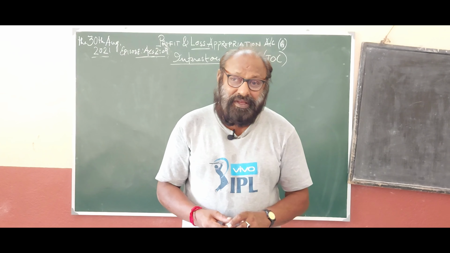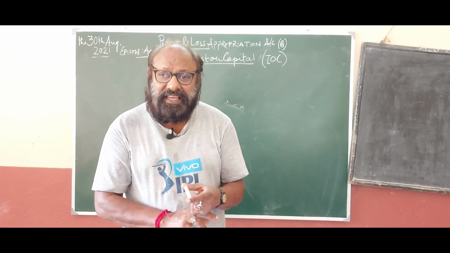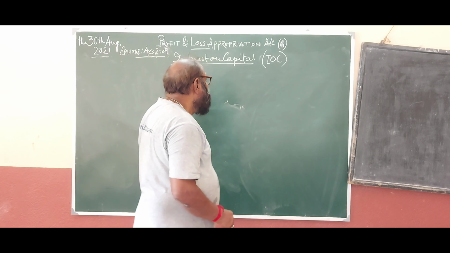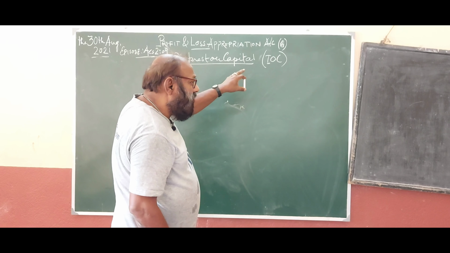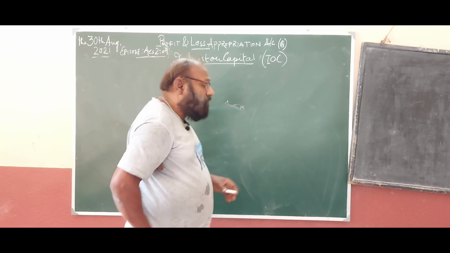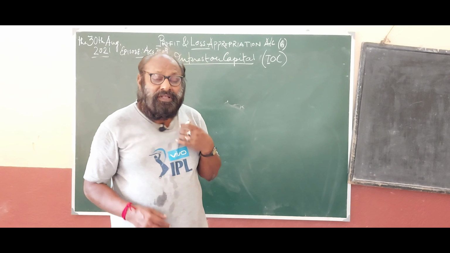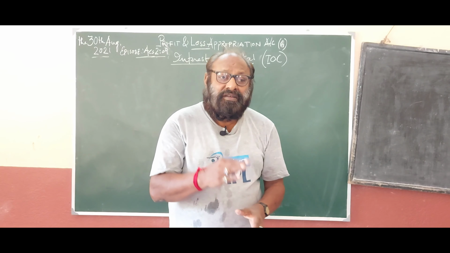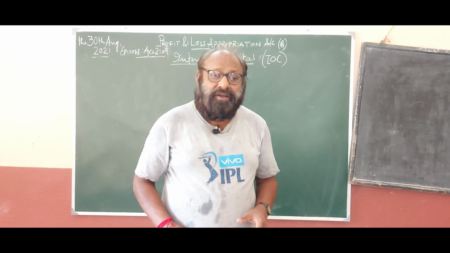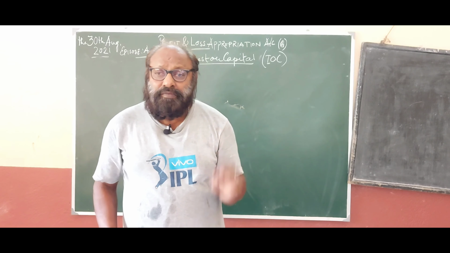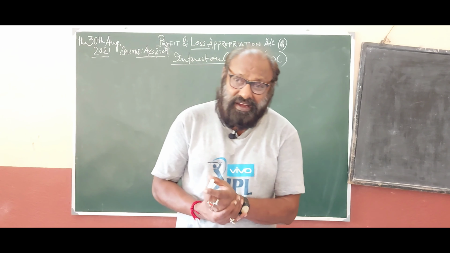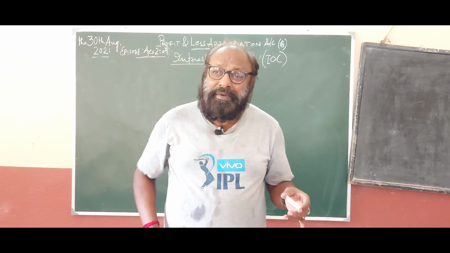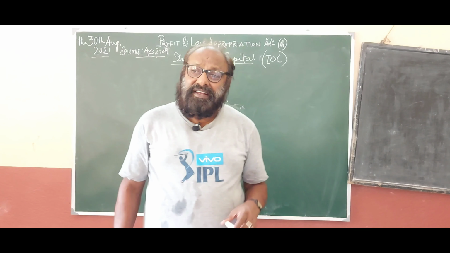appropriation account. Now friends, yesterday in our 5th class on the profit and loss appropriation account, I told you that henceforth I will consider the specific treatment on some issues like profit, interest on capital, interest on drawings, interest on partners' loan, different types of partners' capital, fixed capital, fluctuating capital, and regarding the share of profit.